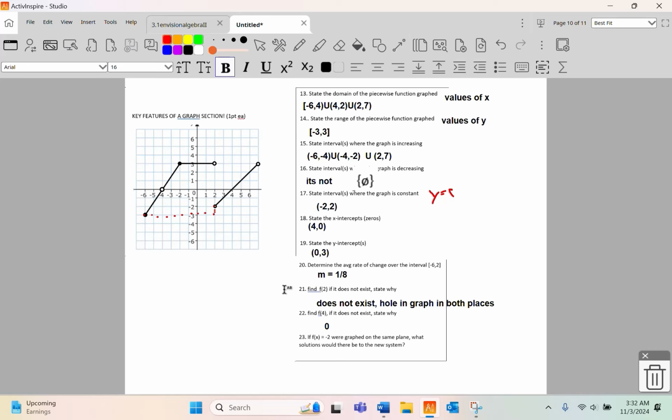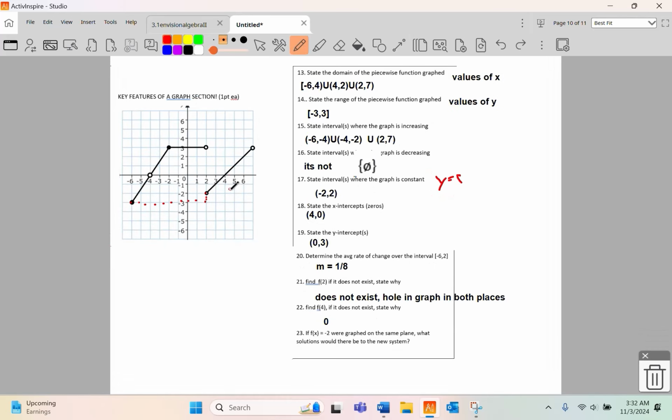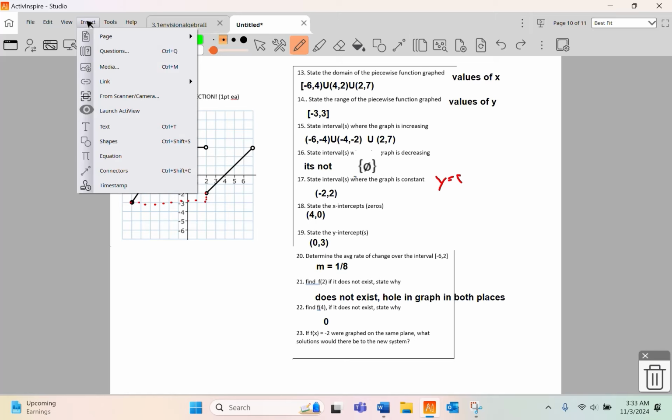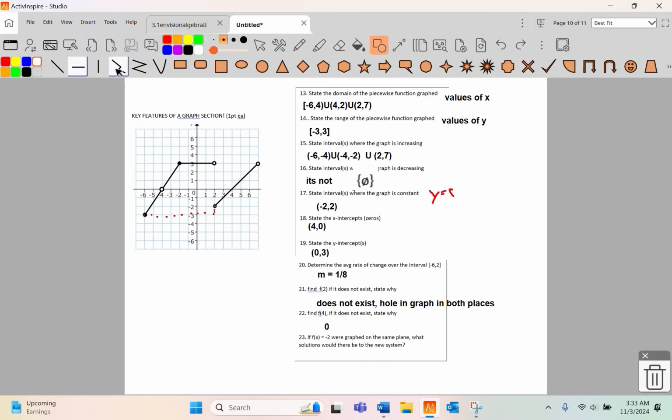Let's see, if f of x equals -2 were graphed, what solutions would there be to the system? So that's a horizontal line. If I graphed a horizontal line, it'd look like that. You don't actually have a solution here because there was nothing on the graph right there. So you have a solution right here, and there would just be one solution.